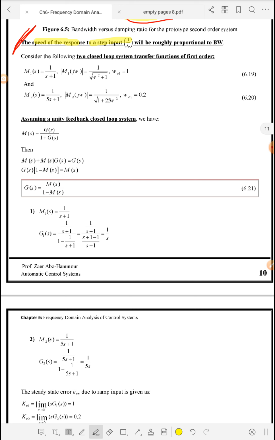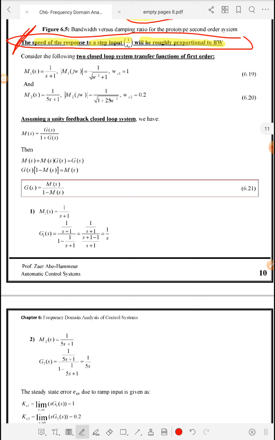So what does this rule say? The speed of response, or 1 over TR, is roughly proportional to the bandwidth. This is a very important rule that specifies the correlation between the time domain and frequency domain analysis.